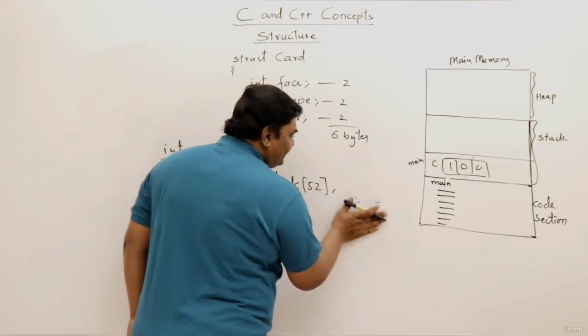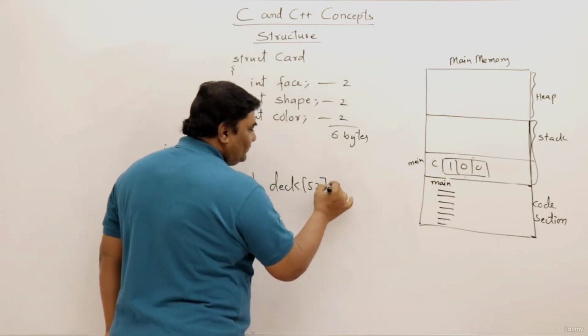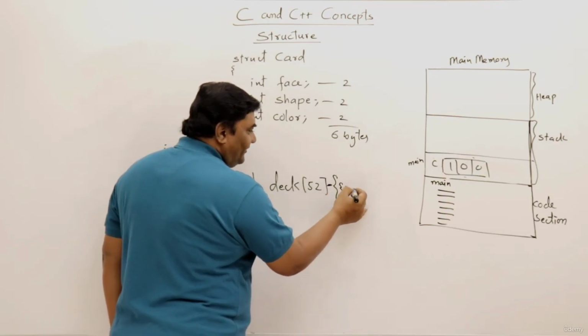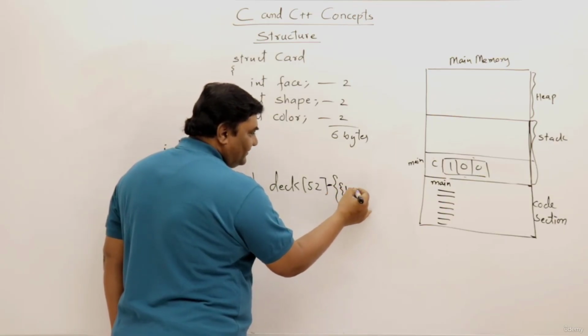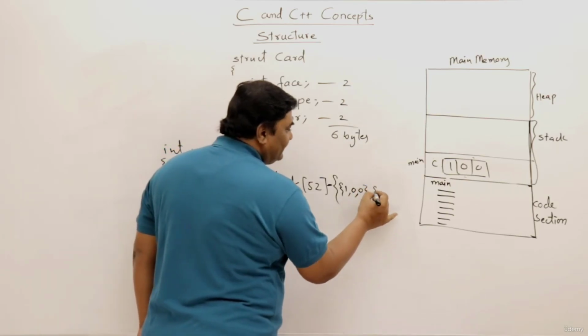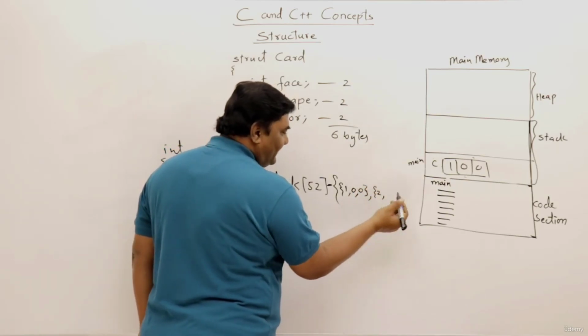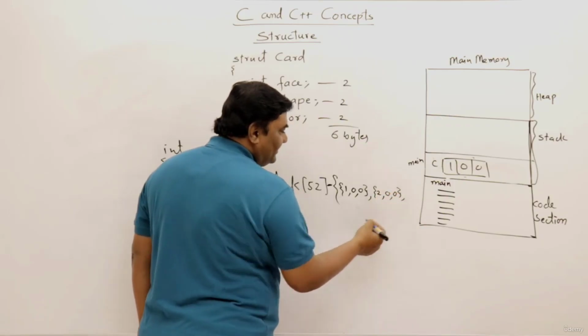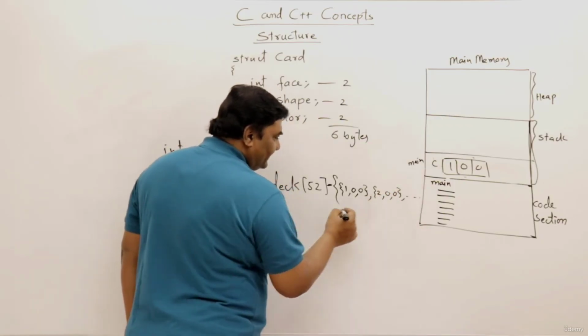If I want to initialize it, for a few cards I will do. First card is ace of club or clover and black color. This is first card. Then second, that is card 2, face value is 2, and this is club and color is 0. So on, I can fill this one.